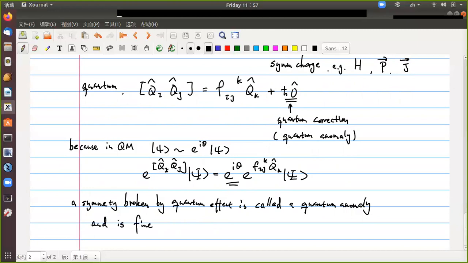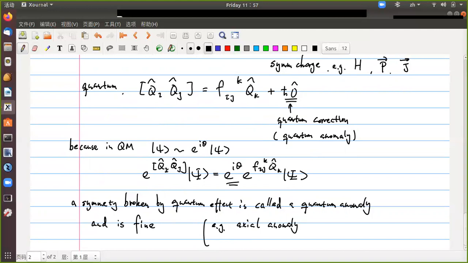It is not really a big problem in case it is a global symmetry broken by quantum effect, and it is well studied. A standard example in the quantum field theory context is called axial anomaly, or sometimes triangle anomaly. That means the same thing.